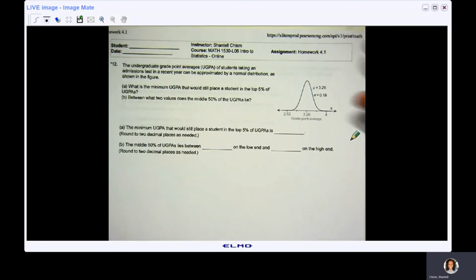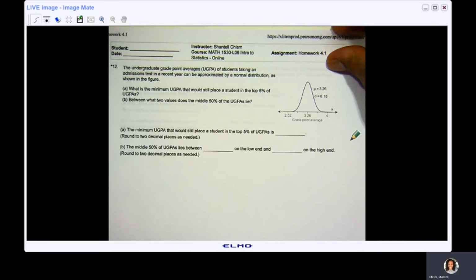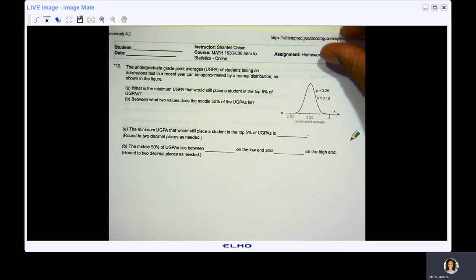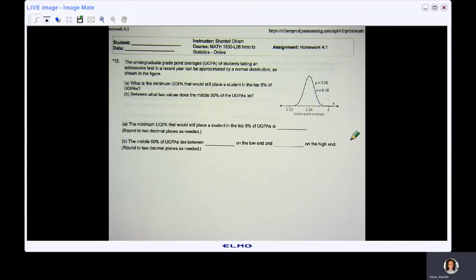All right, and then that brings us to this problem that I want to make sure I show you how you set it up. You're also going to be using inverse norm here, and I recommend you use inverse norm. That way you don't have to worry about transferring or translating it from a z-score to an x. Use your calculator, okay?